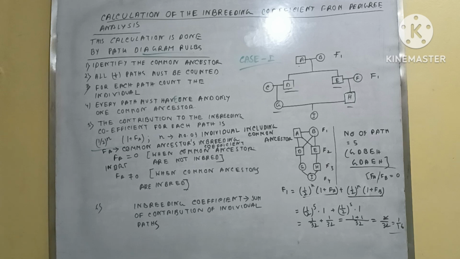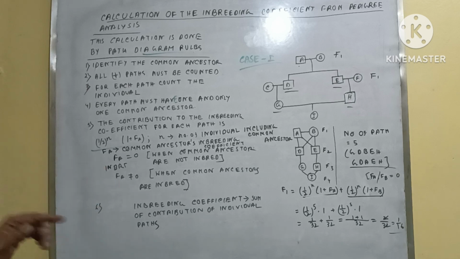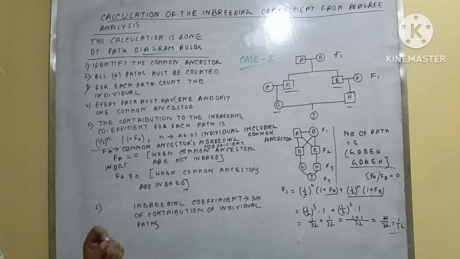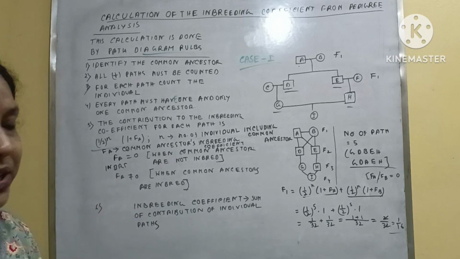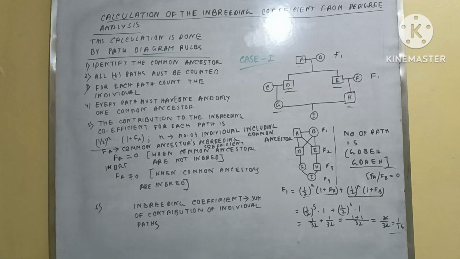If the common ancestor is involved in the inbreeding process, then Fa will not be 0; it has some value. But if the common ancestor is not inbred, not involved in inbreeding, then Fa is always 0.